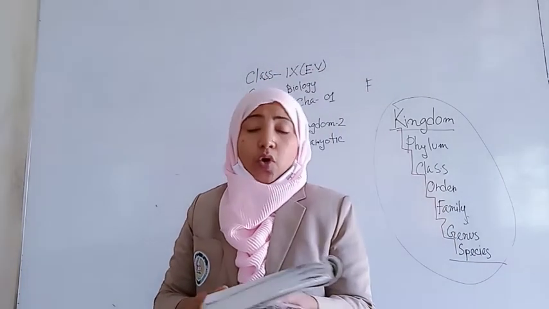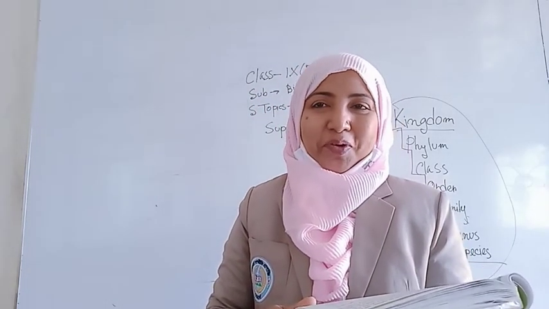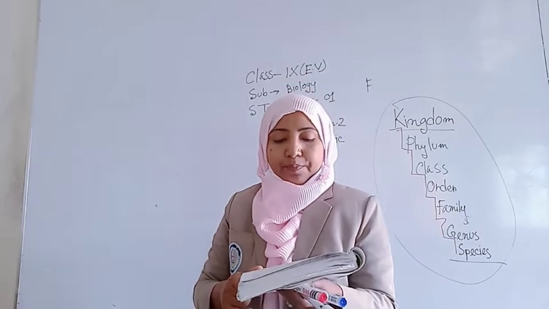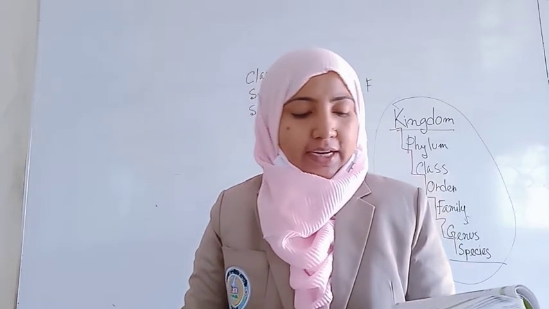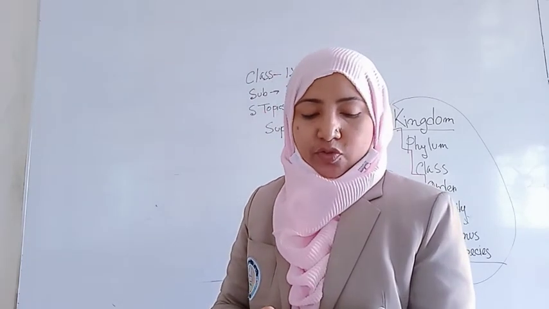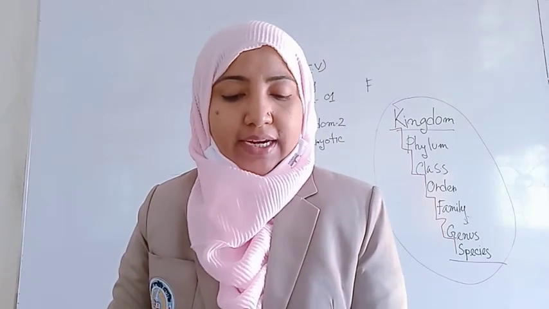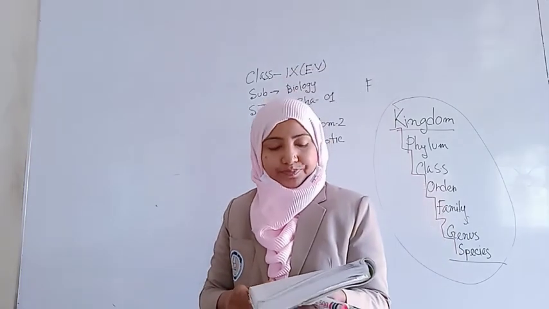Family Hominidae: similarity with chimpanzee, gorilla, monkey. Genus Homo: brain is bigger compared to the body and can walk erect on 2 feet. Species Homo sapiens: wide and high forehead, skull is thinner compared to other species, more intelligent.